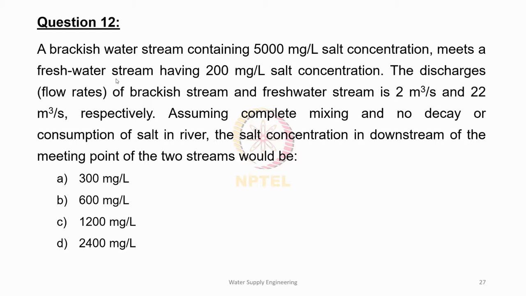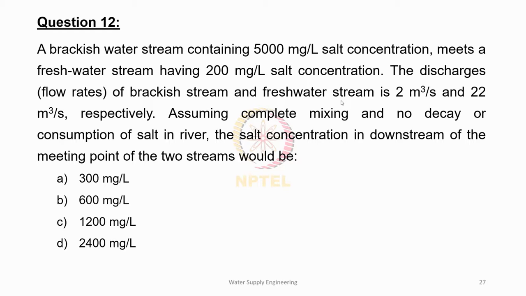They are given discharge values for both streams: the flow rate for the brackish stream is 2 meter cube per second, and for the freshwater stream is 22 meter cube per second. Also they are given the salt concentration for both streams.